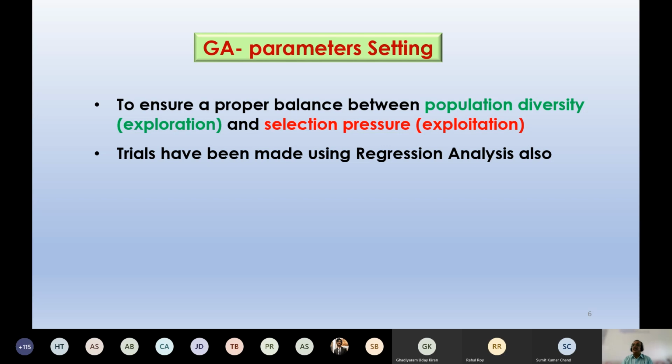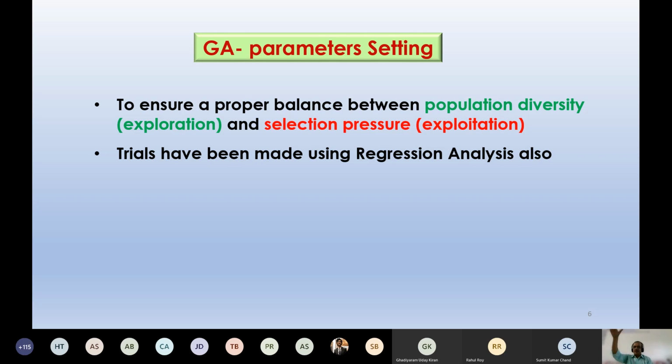Now, how to keep a proper balance in the genetic algorithm between exploration and exploitation? There are many studies on this. Some people have tried regression analysis.